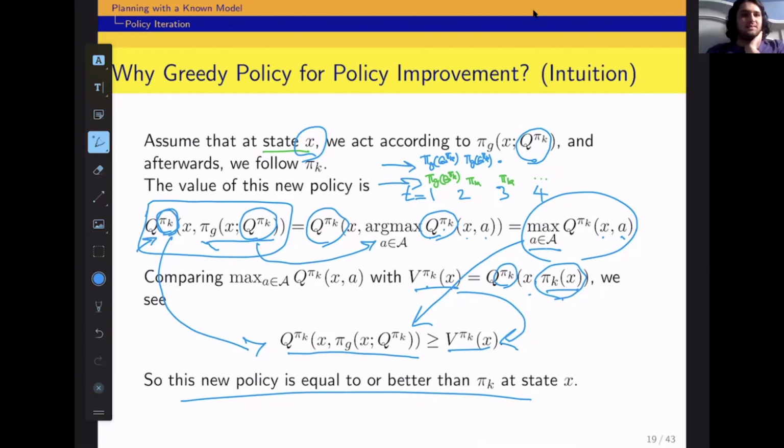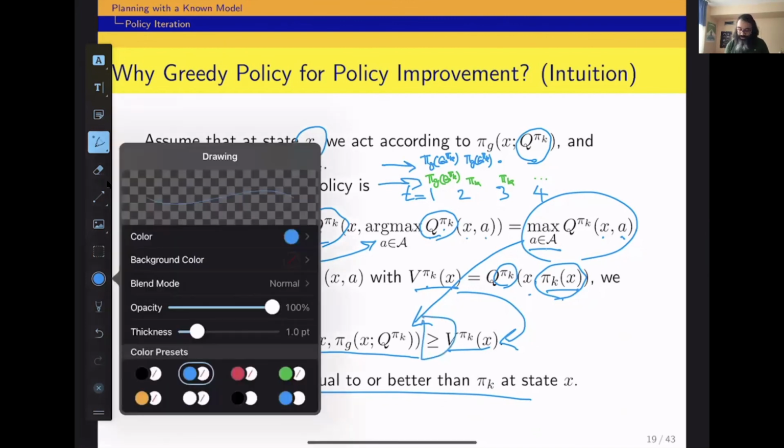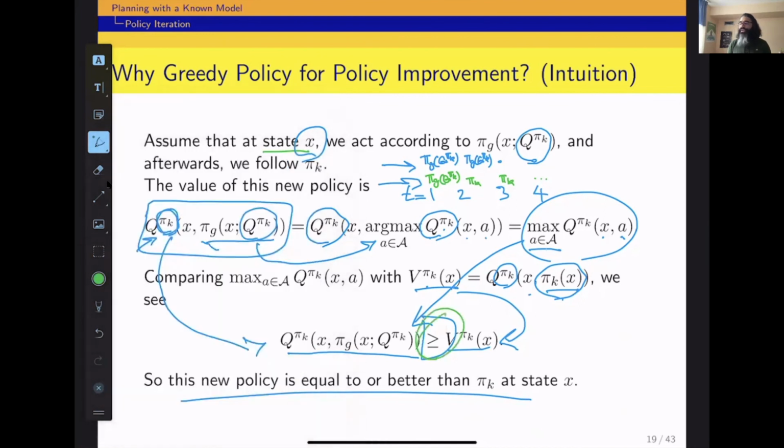Thanks a lot. Okay, perfect. So here, I guess the question is that since the inequality is not strict, and I imagine you're referring to this one, is it possible that it will not converge?